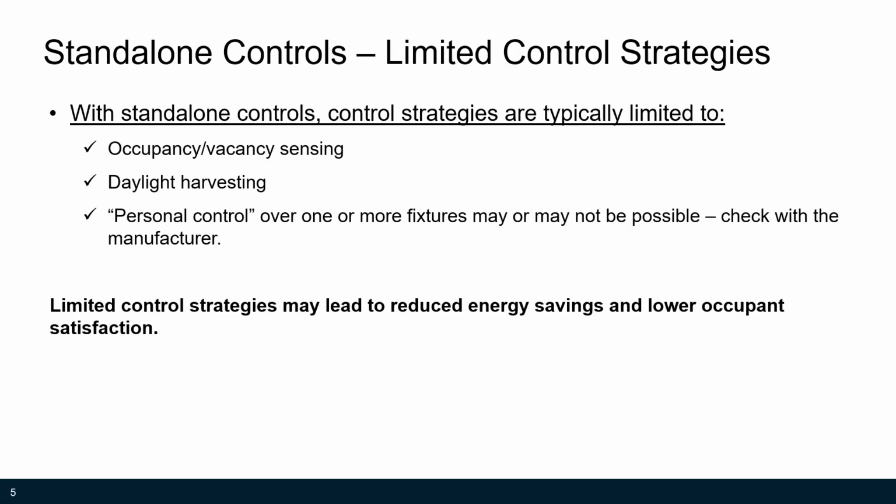So as mentioned, with standalone controls, typically those mean occupancy sensors or photosensors, or both. It may be possible to have some type of personal control for a fixture with standalone controls, but you need to check with the manufacturer.